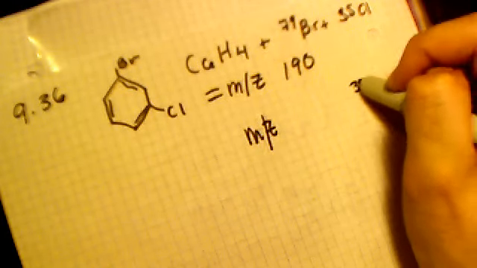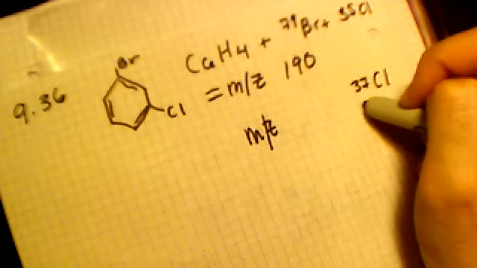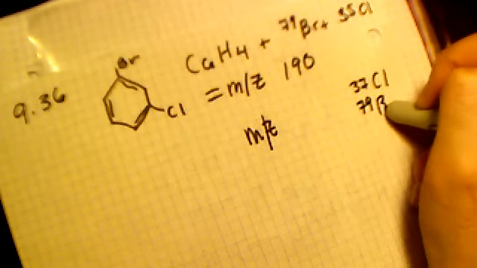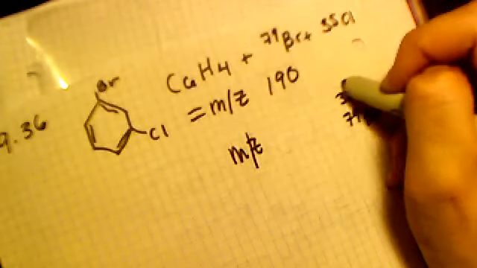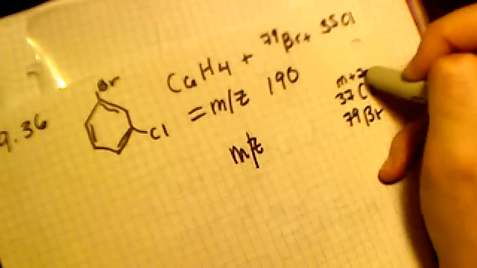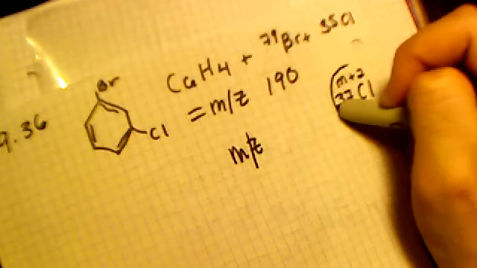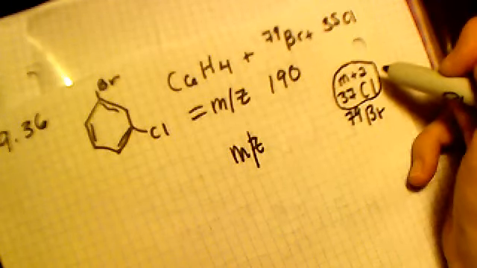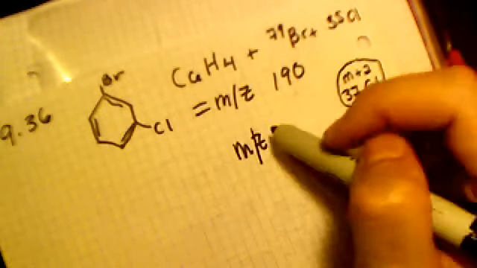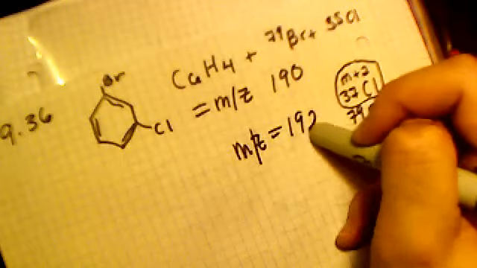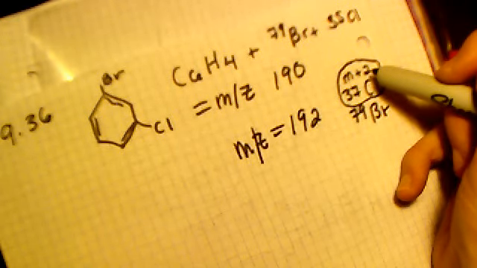Okay, so when we have 37Cl and 79 bromine, it's the same bromine, but it's the M plus 2 isotope of chlorine. That would equal, obviously, 192 because you only went up 2 neutrons.